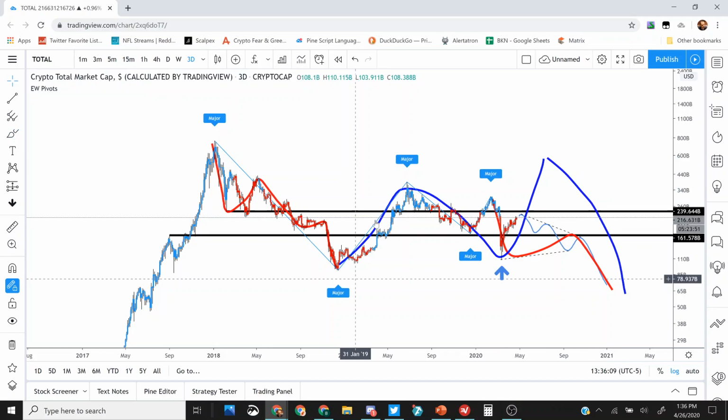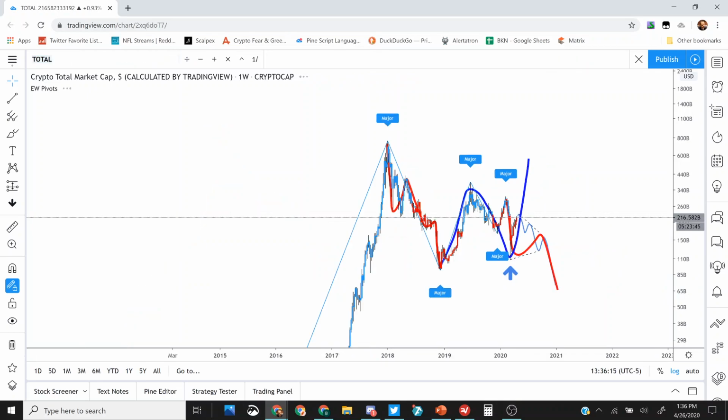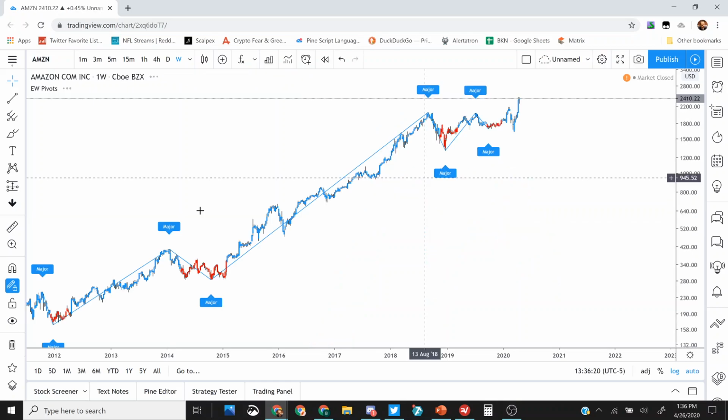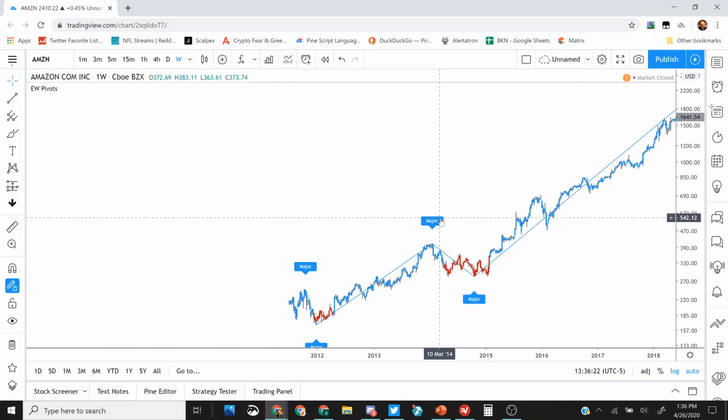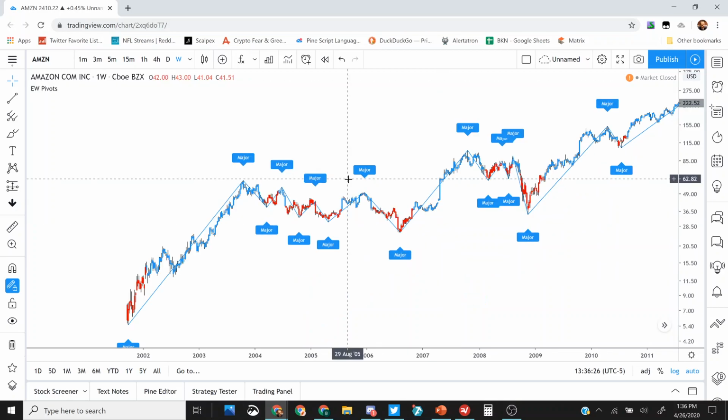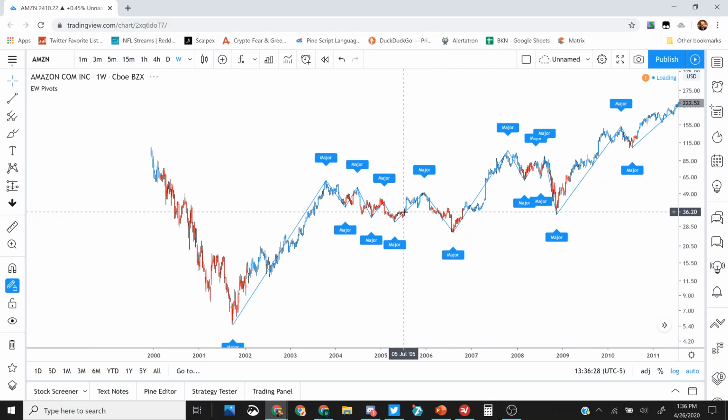So what is this? This is the Amazon fractal. In 2000 to 2008.